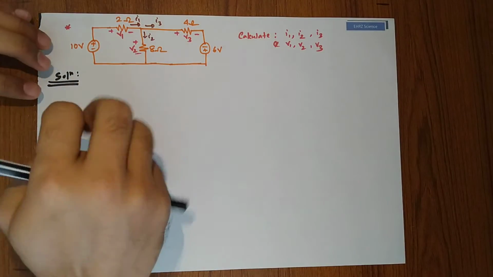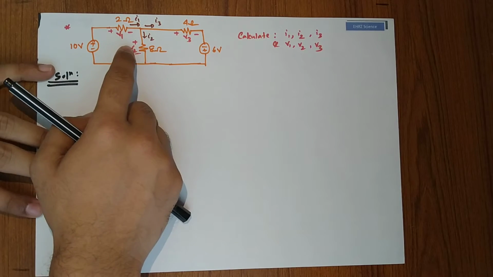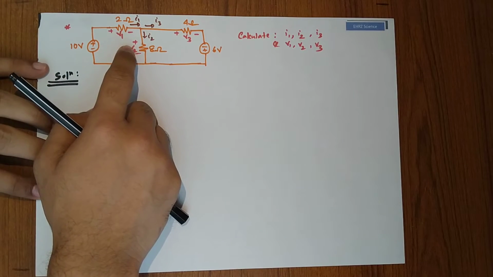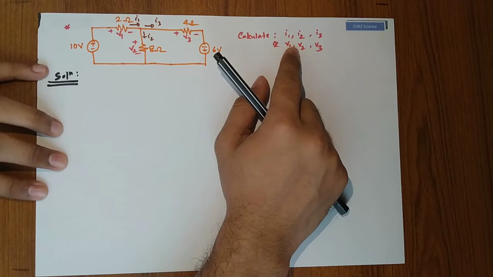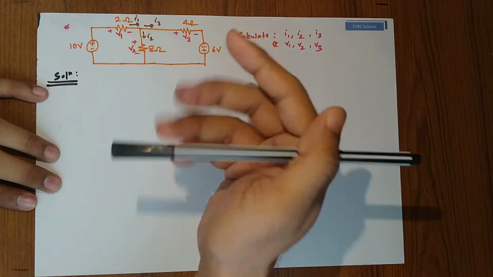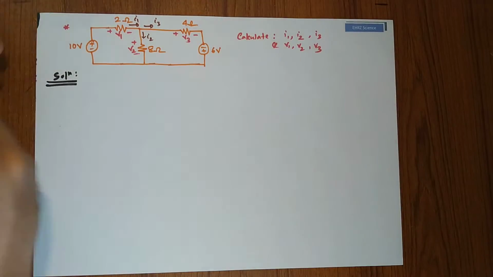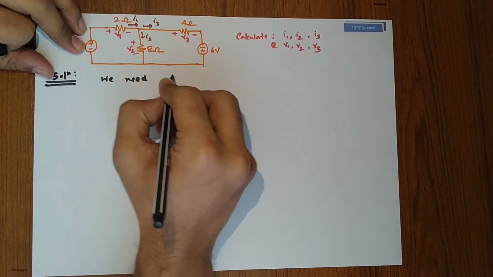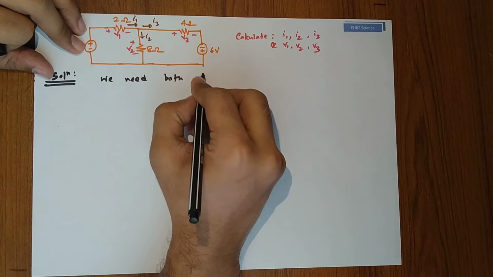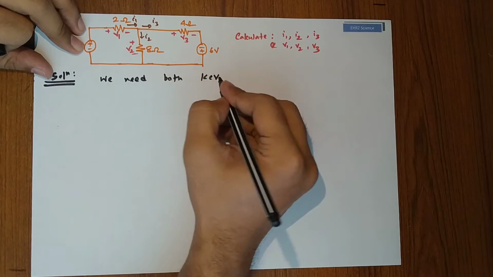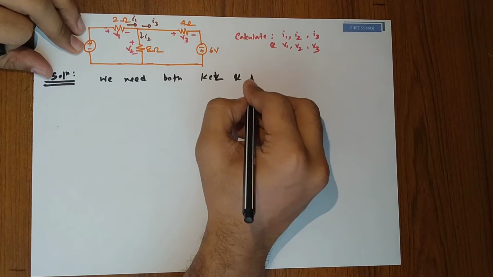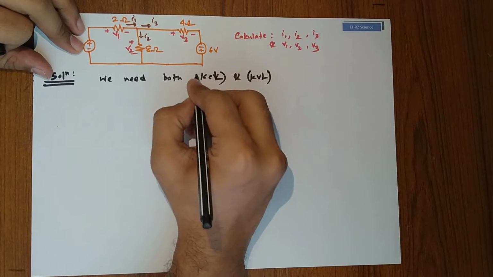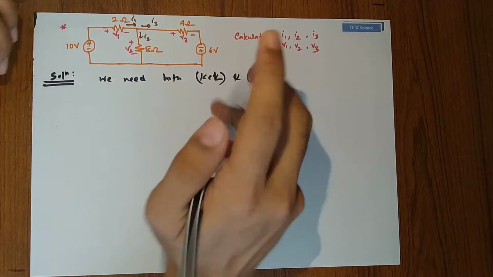Since this problem is based on both Kirchhoff's current law and Kirchhoff's voltage law, because you have to calculate both current and voltages here, you have to apply KCL and KVL. What is KCL?